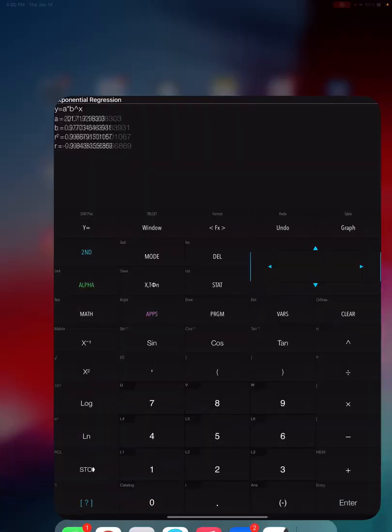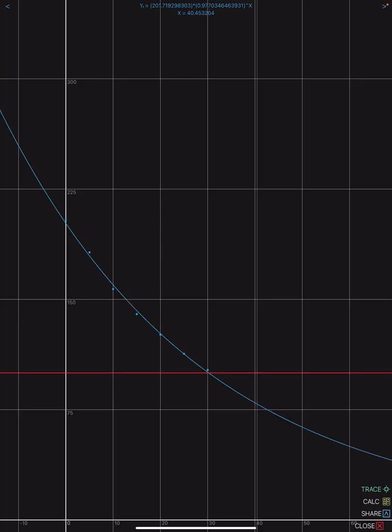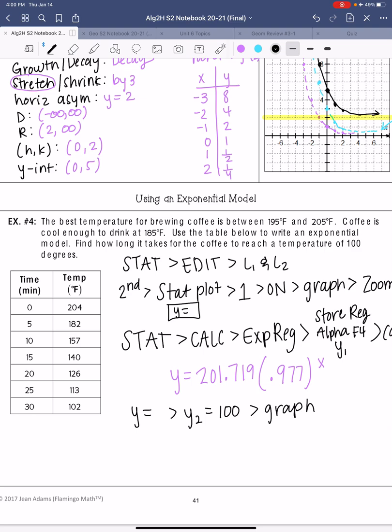So going back to our calculator here, we hit the y equals, go to our y2, which mine's going to be a blue color, and we type in 100. Hit graph, and it draws it right in. If you're on a real calculator, which I am not, then you hit second, trace, that's calculate, and then you choose intersect.